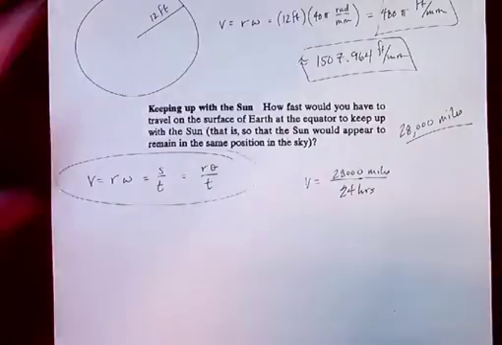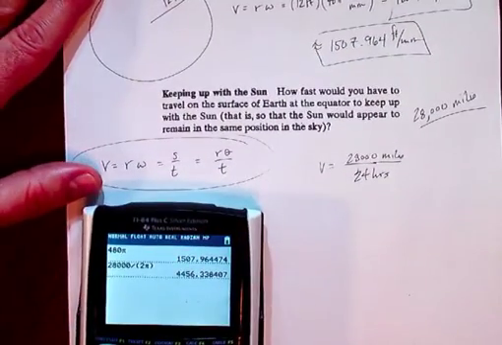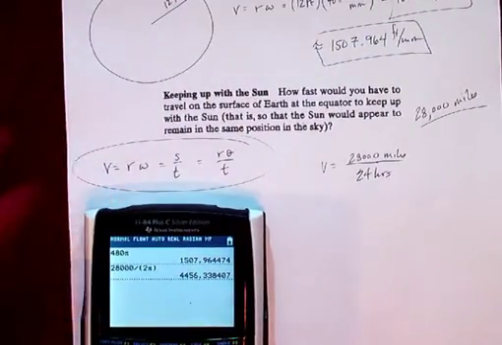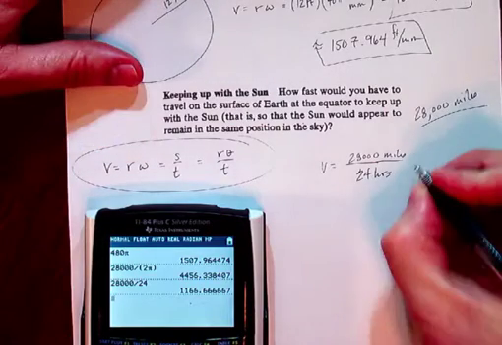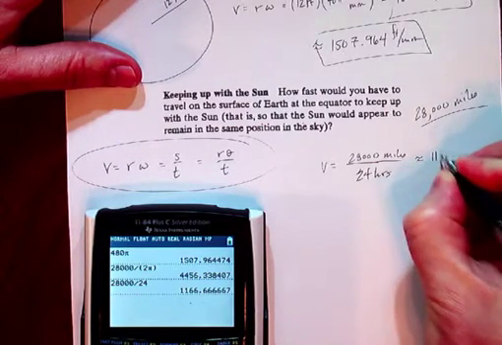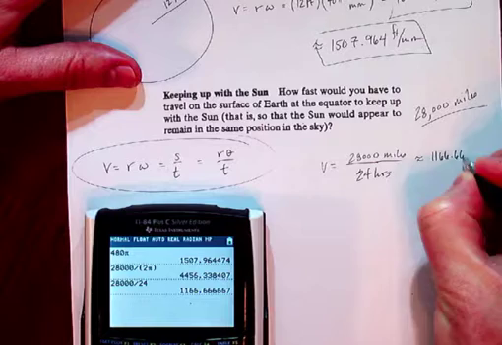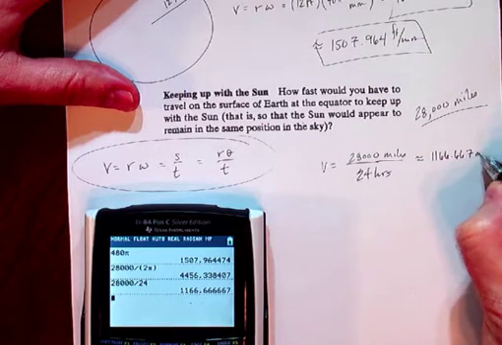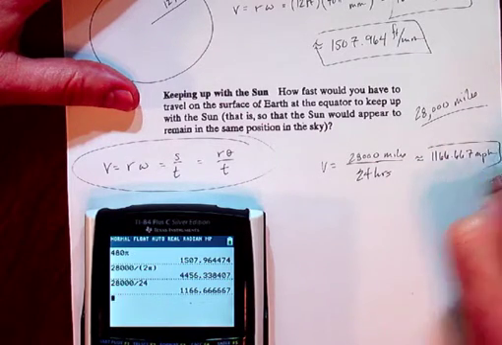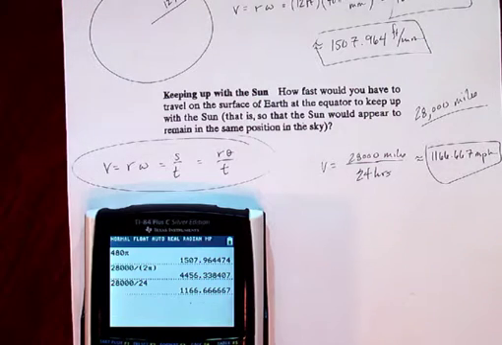You could reduce that, of course, because 24 and 28 have a common factor of 4, and so that would be 7,000 over 6. But let's just put 28,000 divided by 24, and we get 1166.667 miles per hour, and that is going to be our linear speed.